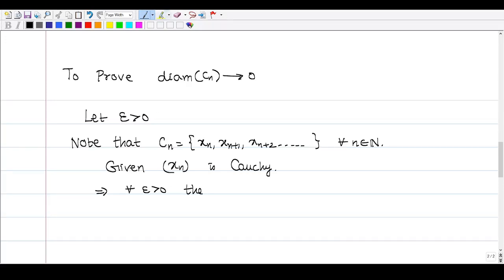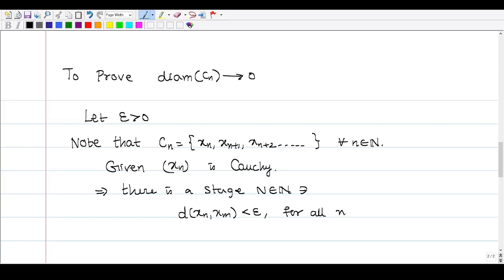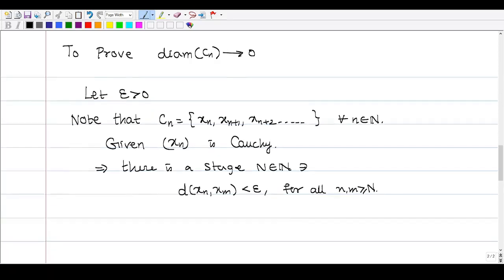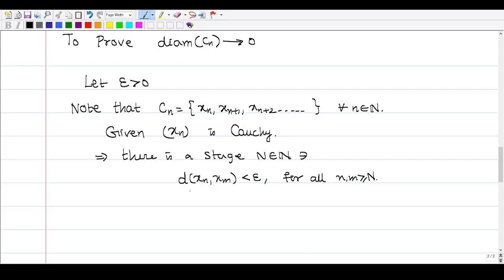Okay, since xn is Cauchy, there is a stage, capital N belongs to natural numbers, such that what we will have அப்படின்னா distance between xn, xm is less than epsilon, okay, for all n, m greater than or equal to N. n, m greater than or equal to N ஆக இருக்கும் பொழுது இந்த கண்டிஷன் satisfy பண்ணும்.